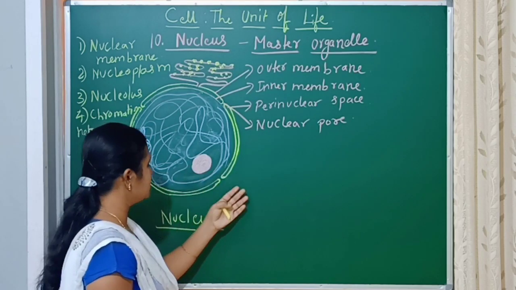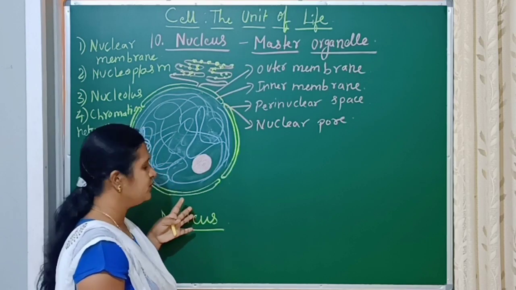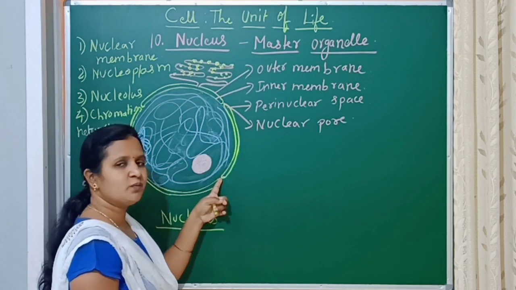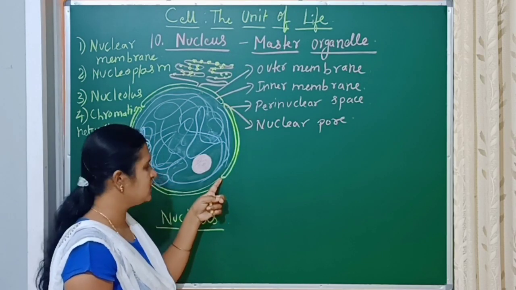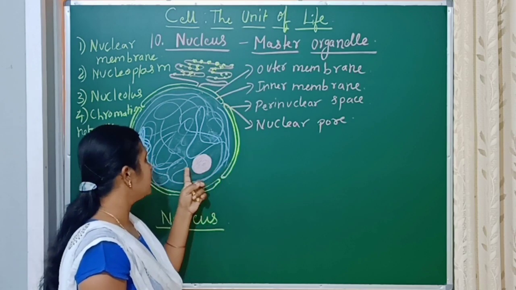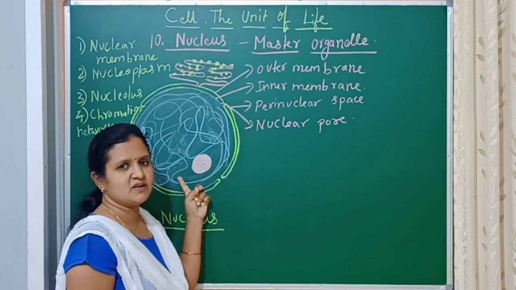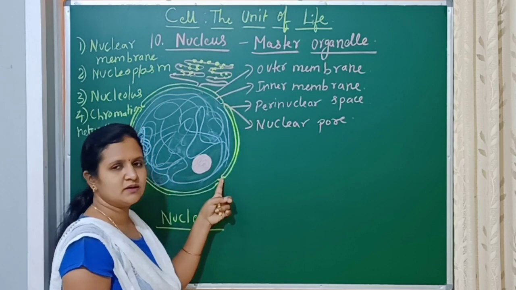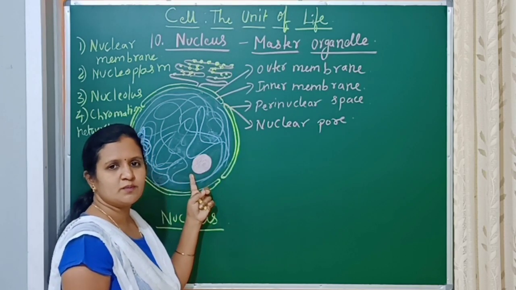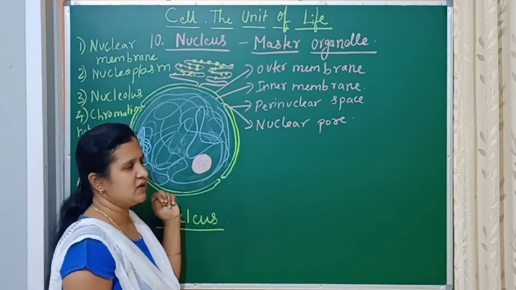Through this nuclear pore, RNA molecules, proteins and enzymes move from nucleoplasm to cytoplasm and from cytoplasm to nucleoplasm, and hence it acts like a connection between the nucleoplasm and the cytoplasm.